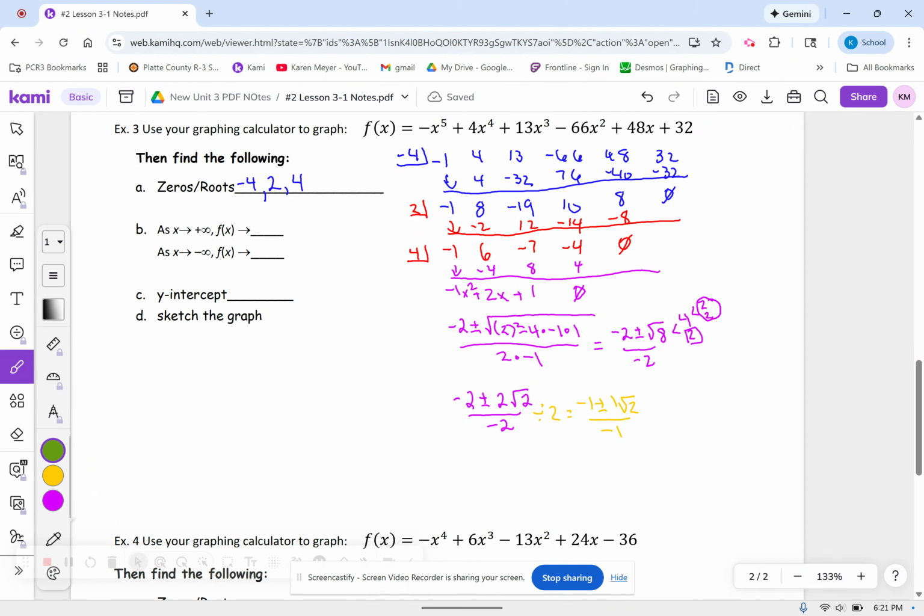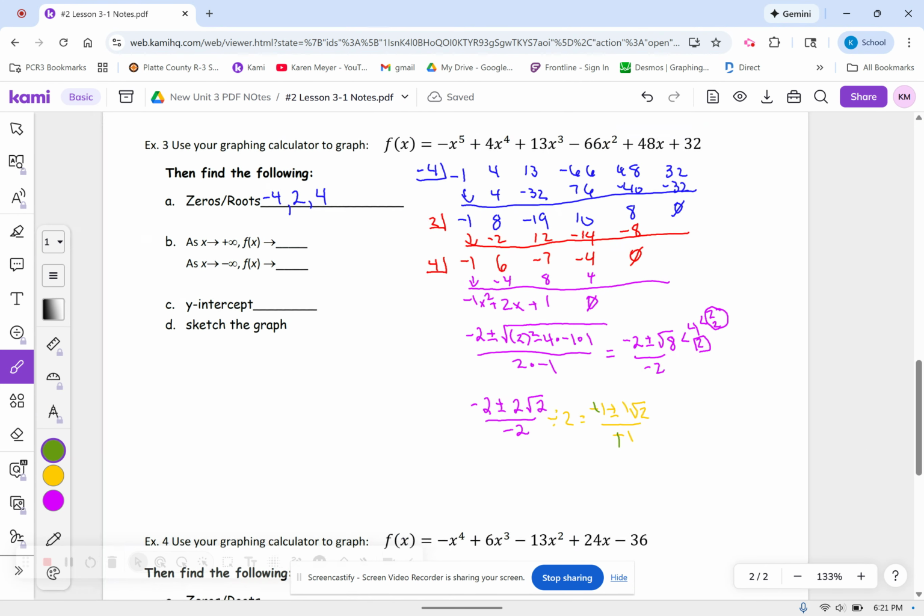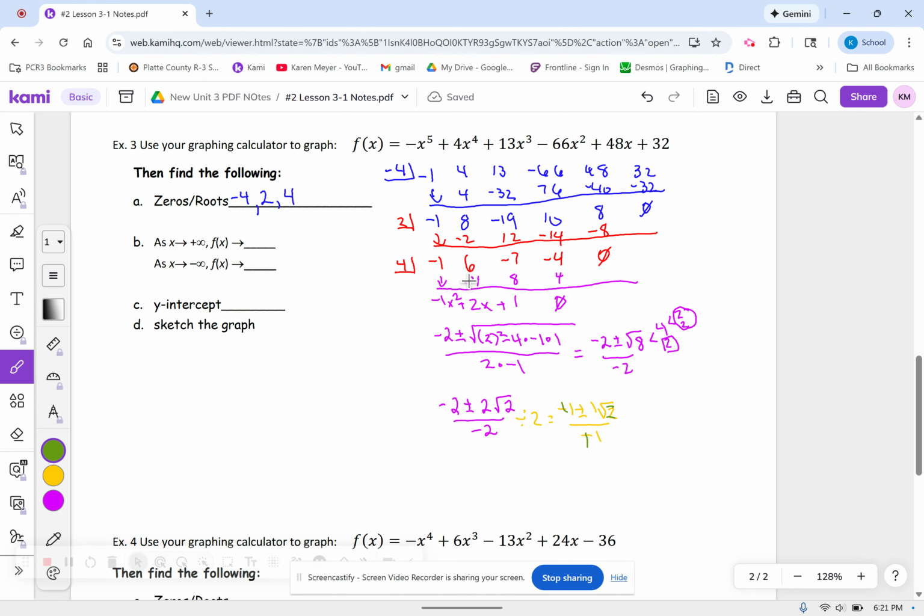And then negative over negative makes a positive. So you're really just looking at having, oh, sorry, my equal sign got messed up there. 1 plus or minus the square root of 2. So then over here I would have 1 plus or minus the square root of 2.